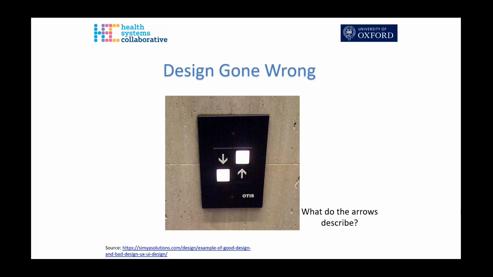Yeah, thank you, Gulraj. So as you can see, it was not clear what the arrows describe. Does it describe the buttons beside or above them? And yeah, you could imagine if you're in a rush and you wanted to take the elevator, how this would look like. Next, please.